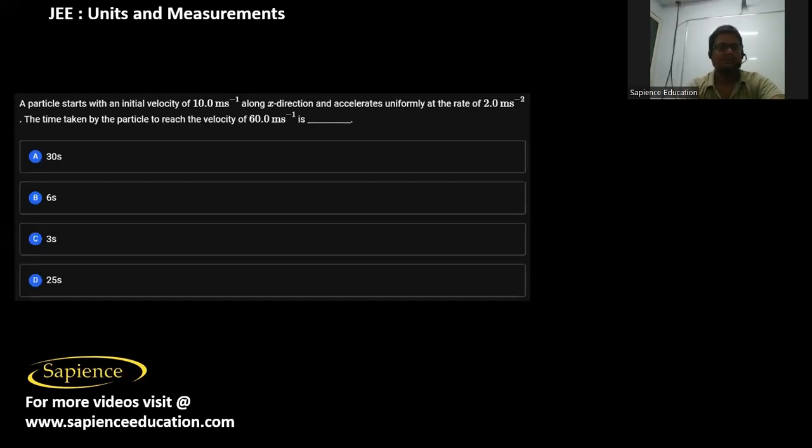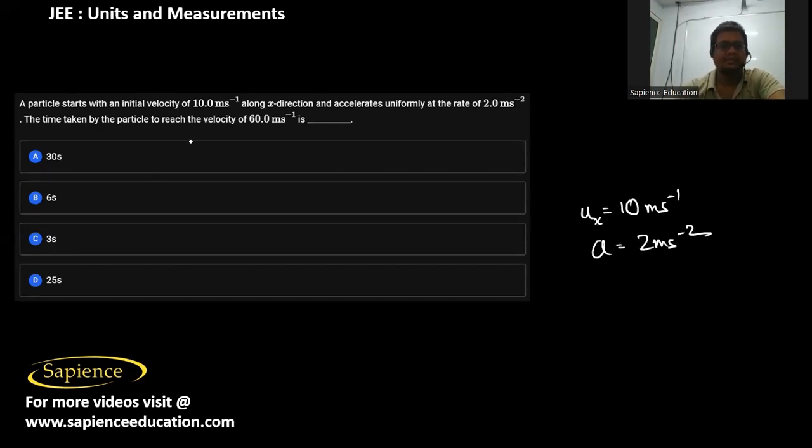Then it is told a particle starts with an initial velocity of 10 meter per second along the x direction. So initial velocity along x is 10 meter per second, and it accelerates uniformly at the rate of 2 meter per second square. So acceleration is equal to 2 meter per second square.